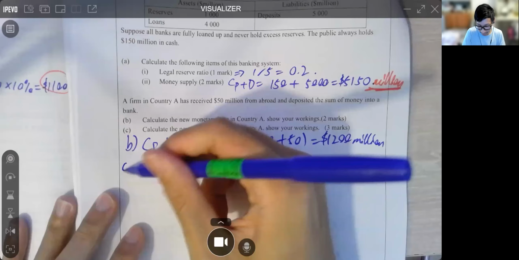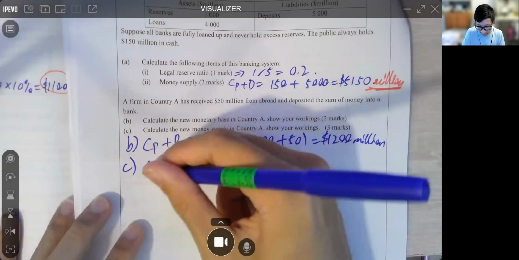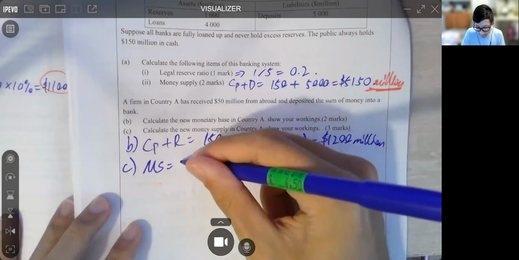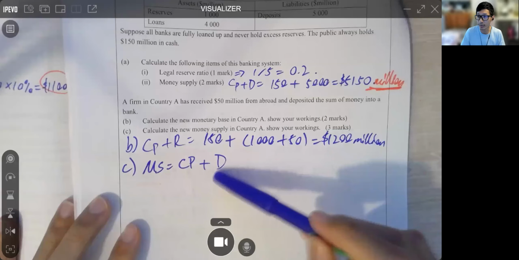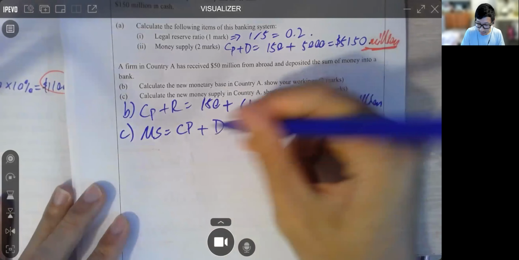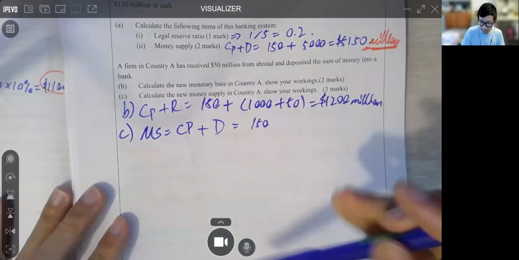Now part C, money supply. Money supply would be CP plus D. We haven't calculated deposit yet. We know CP is 150 definitely. How do we calculate deposit?